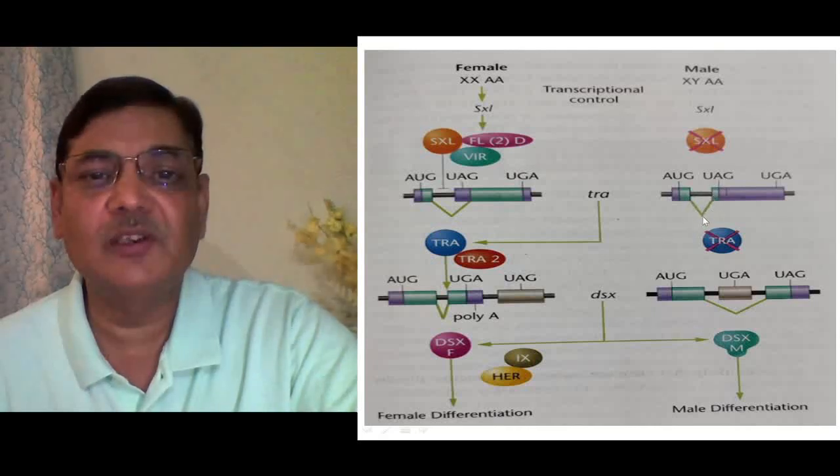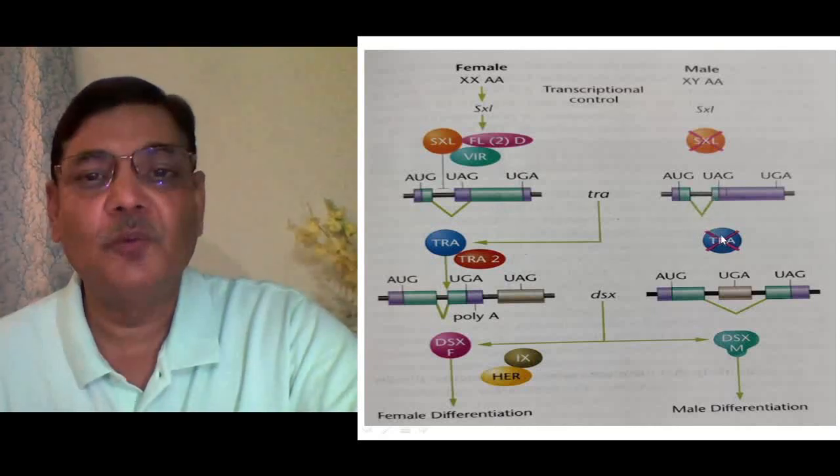So complete protein synthesis will not be taking place, or that kind of protein will not be available as it is available in case of female. So this is because of alternative splicing.